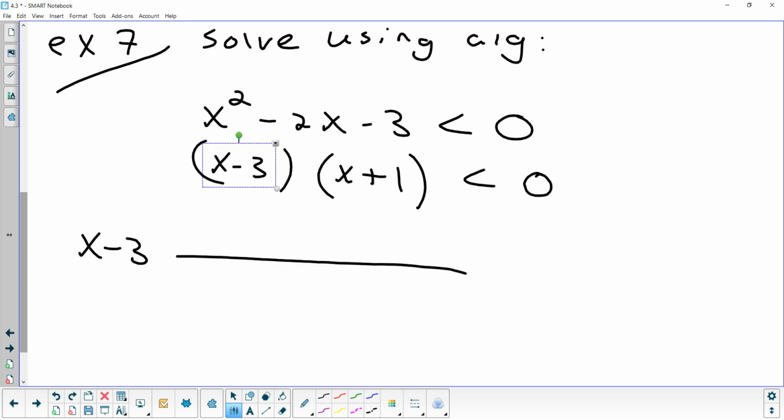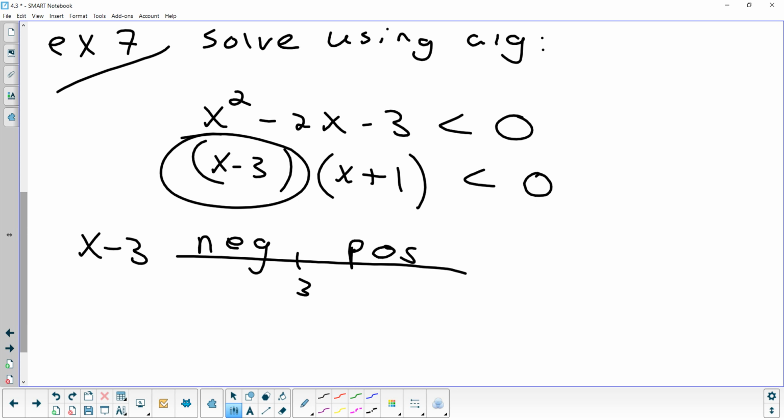What would you plug in for x to make that first factor 0? Yep, 3. What if you plugged in a number smaller than 3 right there? What kind of answer would you get? Yep, you get a negative. If you plugged in a number bigger than 3, like 5, you get a positive. Let's do the same thing for x plus 1.